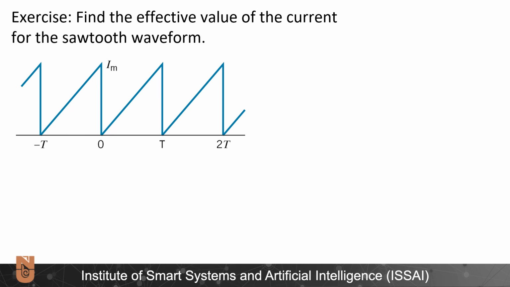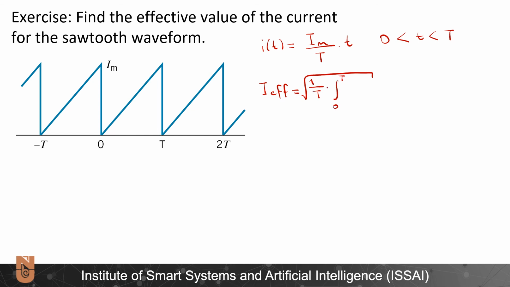And in order to find the effective value, let us write the current again. i(t) is equal to, I found it earlier in this lecture, Im over T times t between 0 and period T. And I effective simply will be square root of 1 over T integral from 0 to T i squared dt, and this will be equal to square root of 1 over T integral from 0 to T Im squared divided by T squared times t squared dt.